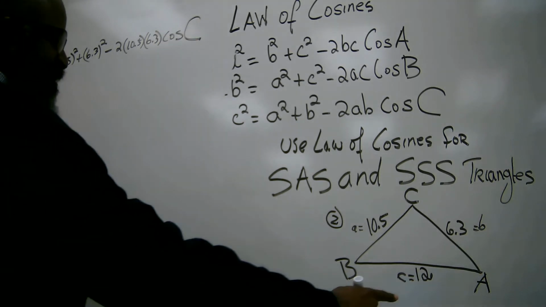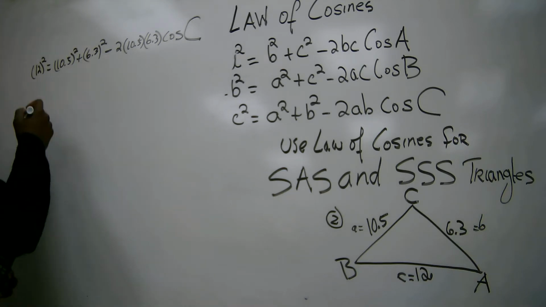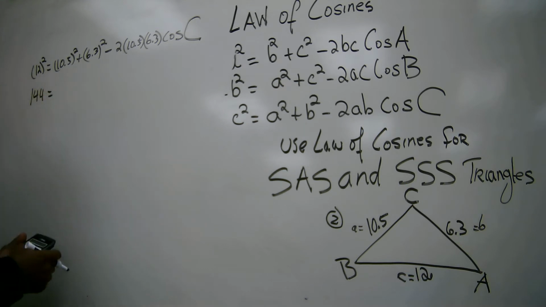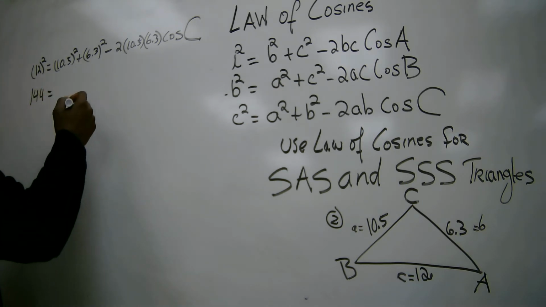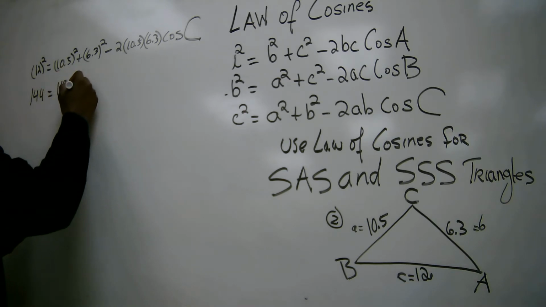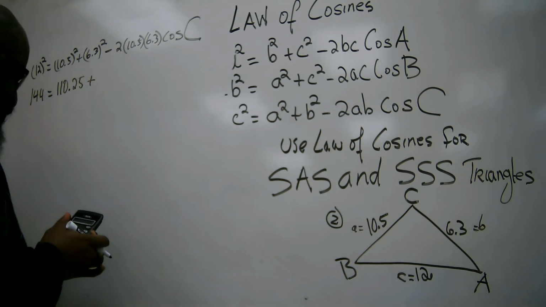Alright, since I'm looking at the c squared, your calculator will help you do that. Alright, this is order of operation. You'll end up with 144. Alright, 10.5 squared. You need your calculator. That will give you 110.25 plus 6.3 squared.